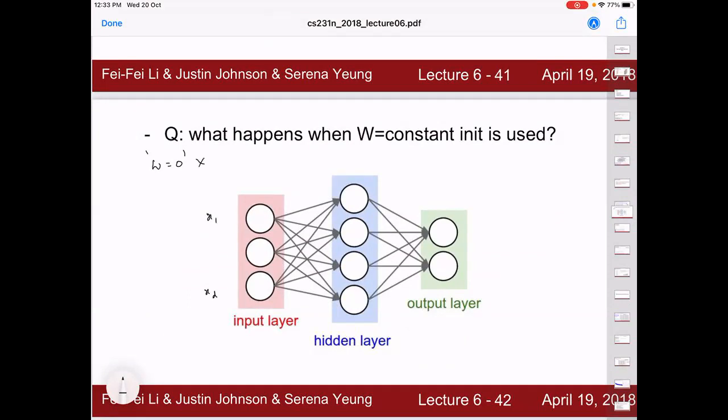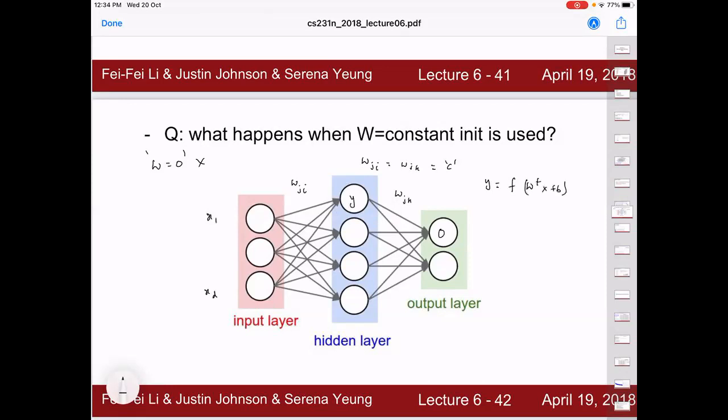Then the next option is that all weights wji and wjk are constant. If we consider that wji are the weights here and wjk are the weights here, and both are constant, what will happen? If we consider y here and o here, then y is equal to f of w transpose x plus b.